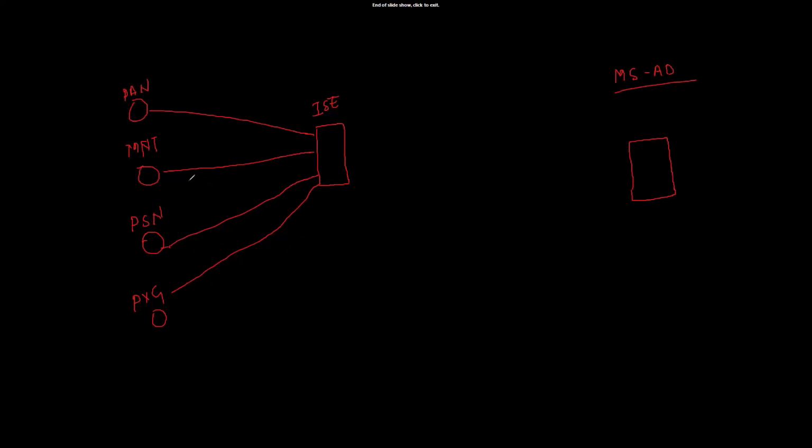Okay. Again, understand my question. Let's say Microsoft is providing Active Directory services, and here we just want to have LDAP communication between Cisco ISE and Microsoft Active Directory. So which persona is going to work over here?